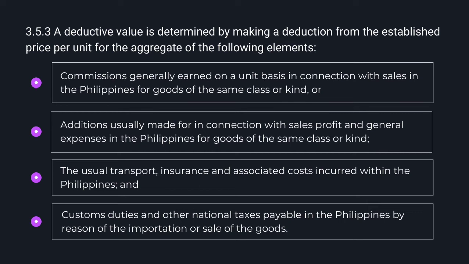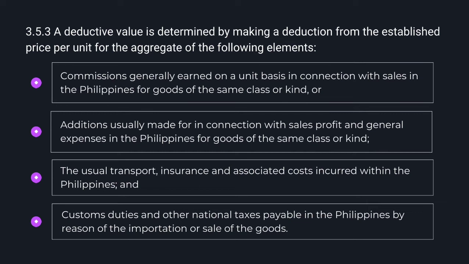As also mentioned in Section 704, either the commission typically paid or agreed to be paid, or the adjustments typically made for profit and general expenditures in connection with sales of imported products of the same class or sort in such nation.